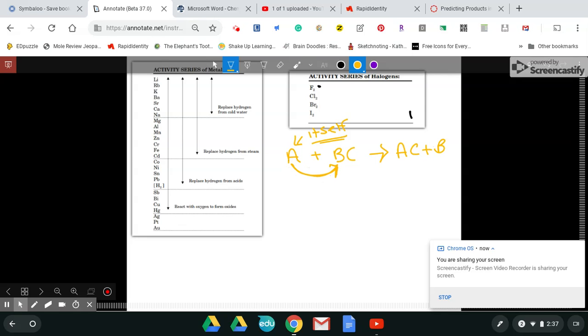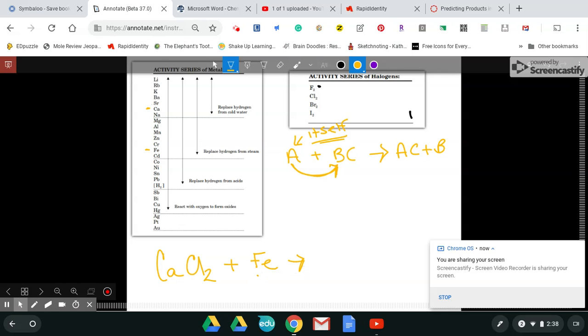So if I have calcium chloride plus iron, all right? So here is iron, here is calcium.